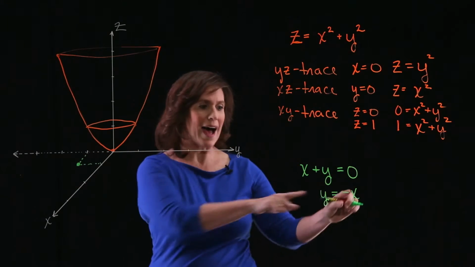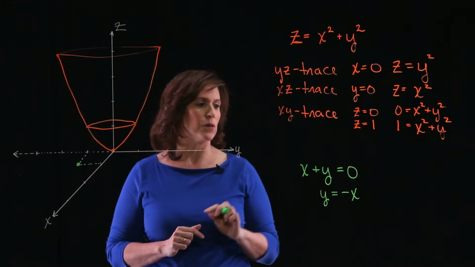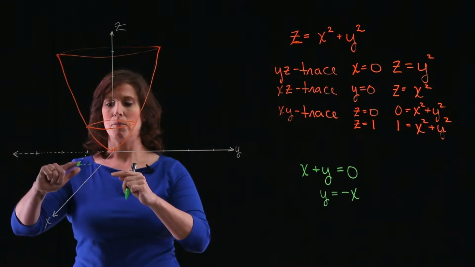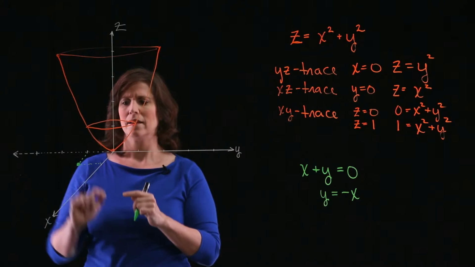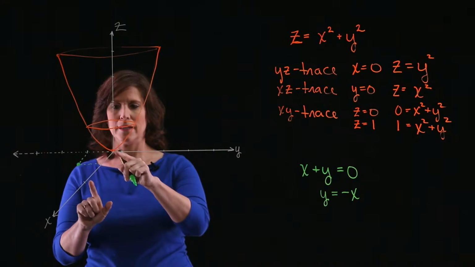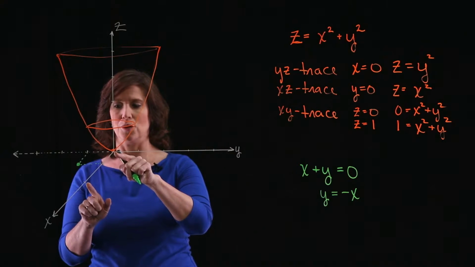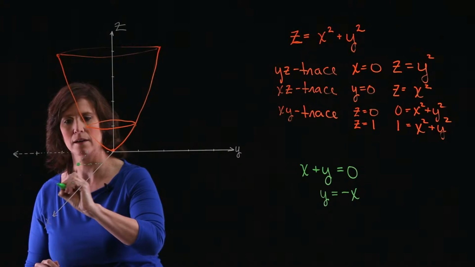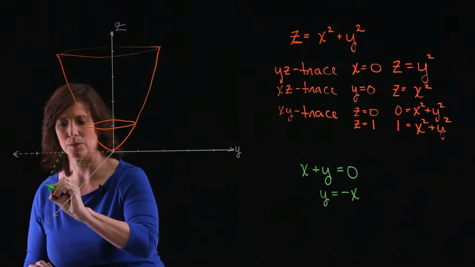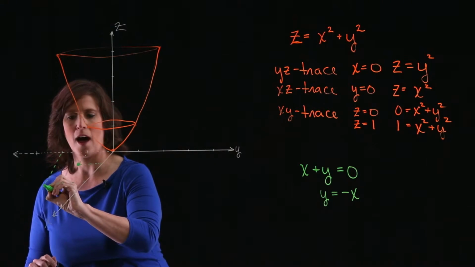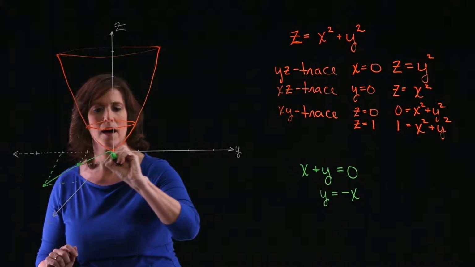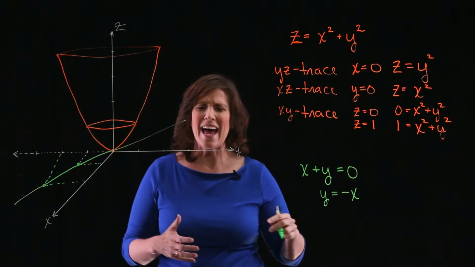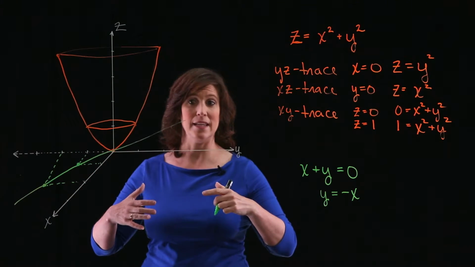Let's say z equals 1. I still have y equals minus x. So I'm going to come up higher, but I'm still going to be right at this value. Let's try another point. Let's do x equals 2. If x equals 2, y equals negative 2. So I'm going to come across here and down, and I've got this point. So if z equals 0, I've got a line that goes through those points. But again, what if z is 1?